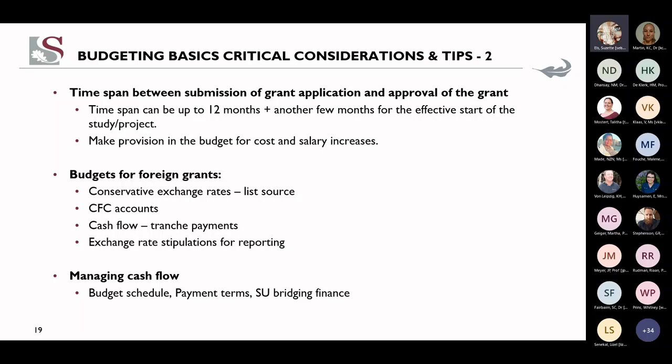On cash flow and tranche payments, which is also applicable to the managed cash flow part: you get funding where the funder said, okay, I'll fund you for the project, but it's a spend and claim. That means that you need to spend before you can claim any of the funding, and that means that you have to have some money in your cost center to spend.